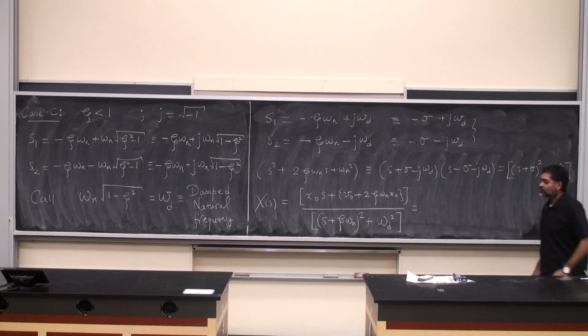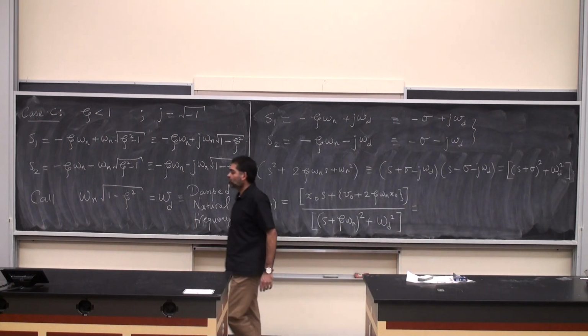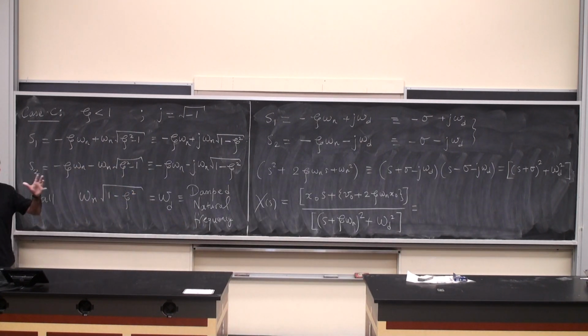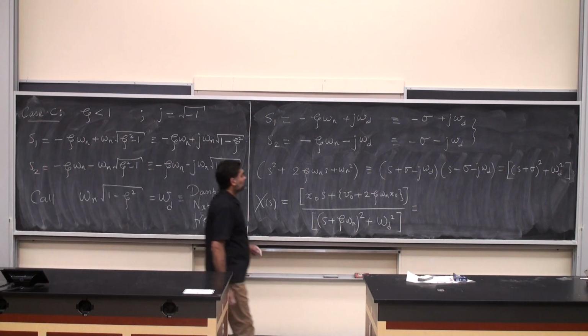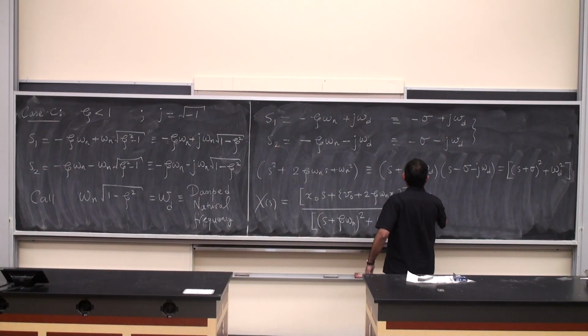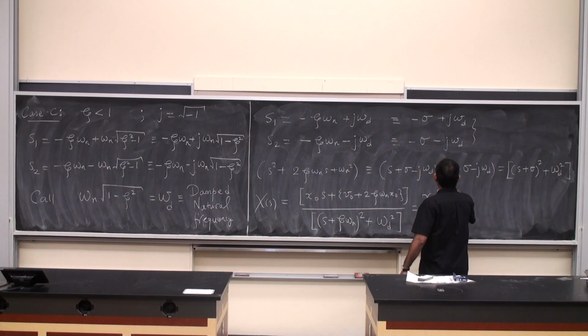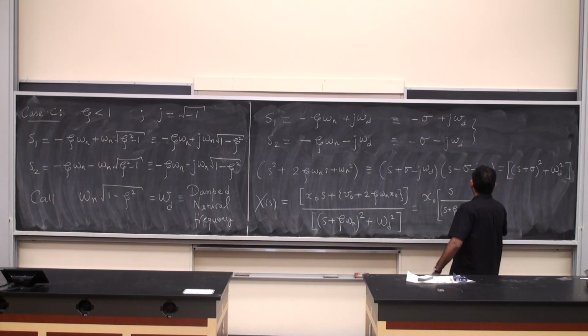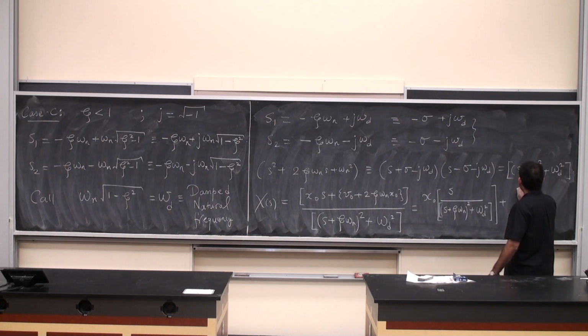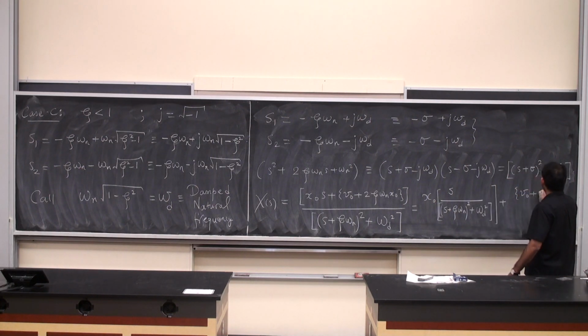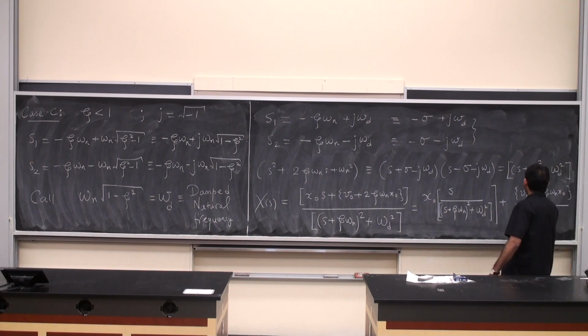Take a brief pause. I have the x naught times s term. I'm going to take that and attach the denominator onto it. So I'm going to have x naught times s by (s plus zeta omega n) square plus omega d square, plus v naught and all these other things, same denominator.